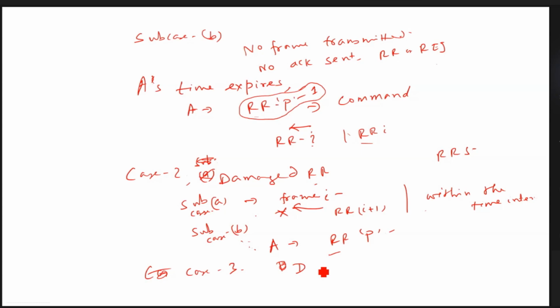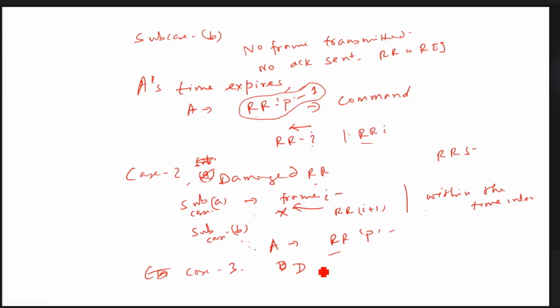These will be discarded by the destination station. Once it gets frame number 5, it will send a negative acknowledgement, that is reject, REJ. Which frame is not received? It is 4.